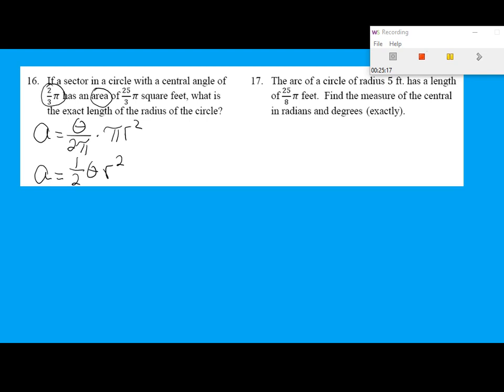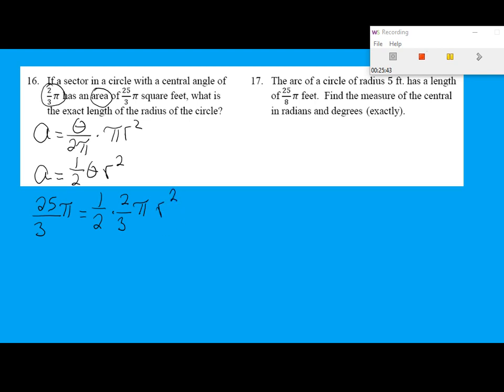Now let's plug in the numbers they give me. They tell me the central angle is 2/3 pi, and the area is 25/3 pi. So I'm going to go 25/3 pi equal 1/2. My angle is 2/3 pi, but I do not know the radius, so I've got r squared.